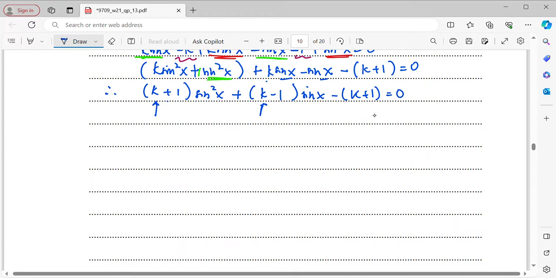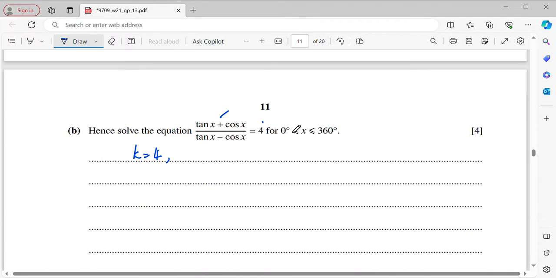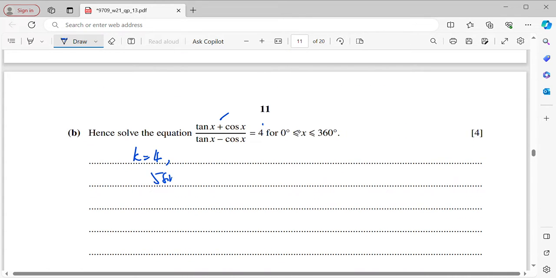Then here is 3. So I will be getting 5 sine squared x plus 3 sine x minus 5 equals to 0. Then from here, we need to solve, which means we need to find the x values for x defined from 0 to 360 degrees.